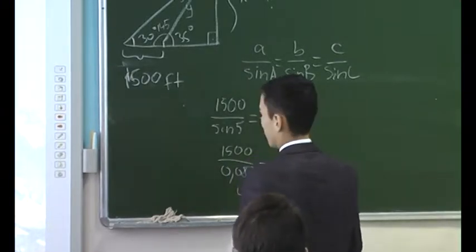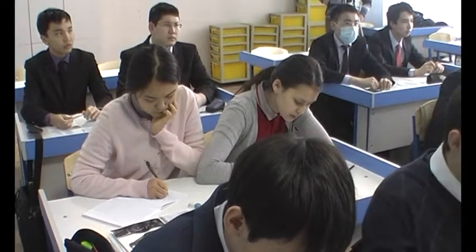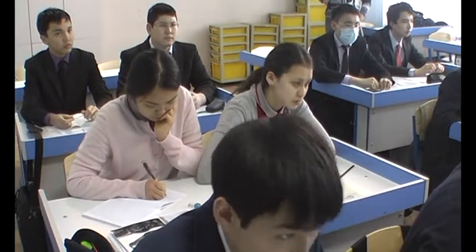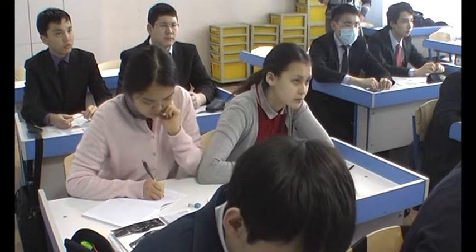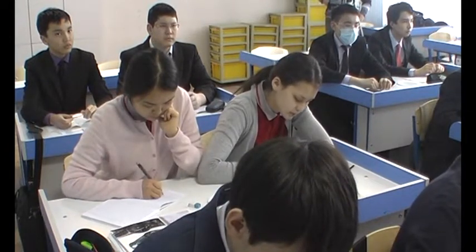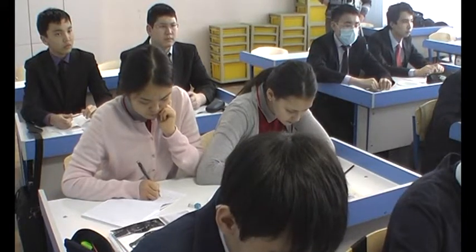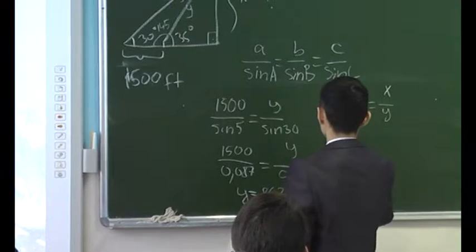Then we know that sine of 35 is equal to x over the hypotenuse. By calculating, sine 35 is equal to 0.57.